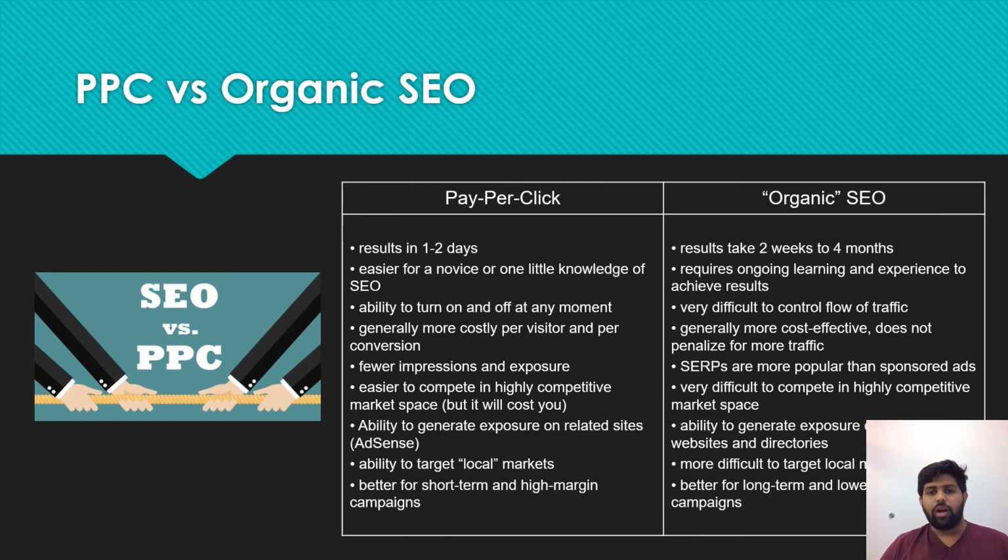At the end of this comparison, if you see, pay-per-click would generally give a quick result compared to organic SEO, because pay-per-click might get you the right business, or probably sell products within 1 or 2 days efficiently, whereas for SEO to take its pattern, you need to continuously put in your efforts.